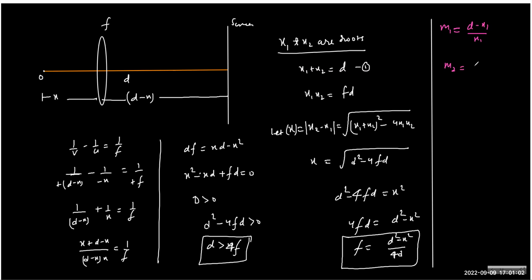The second is how much? D minus x1 minus x, because you have displaced by x, upon x2, right? I think this is correct, no? This is confusing because the symbol I have used for displacement is x and this also has x, so it has messed up everything.